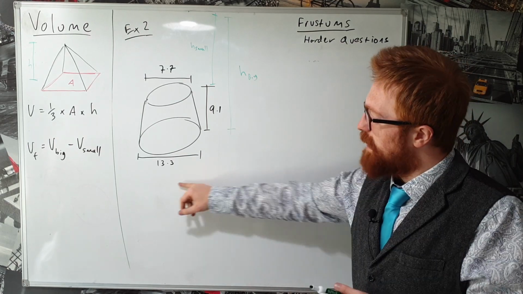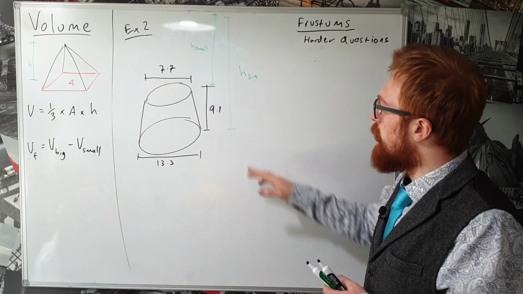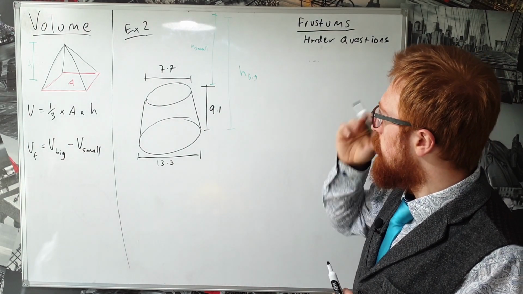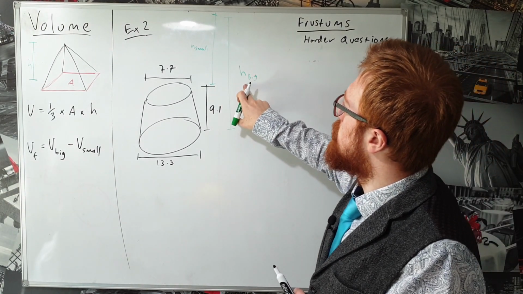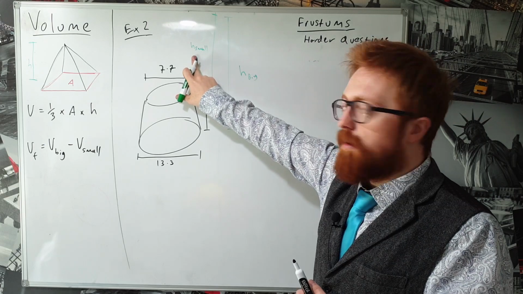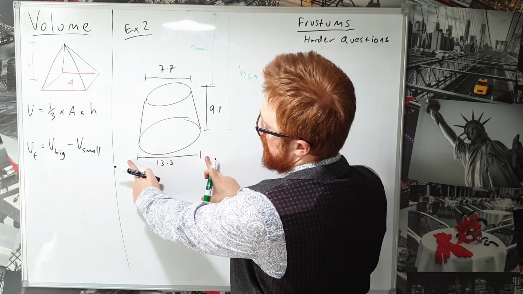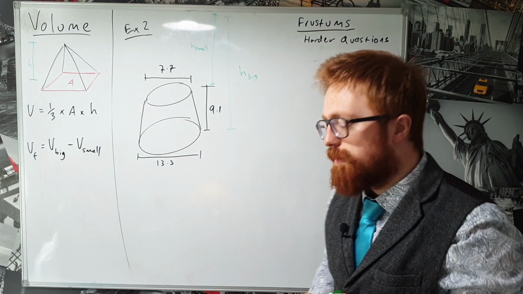It's going to be a little bit less obvious working out our scale factor. So what we know is that the ratio between the big height and the small height is the same as the ratio of the big diameter to the small diameter.